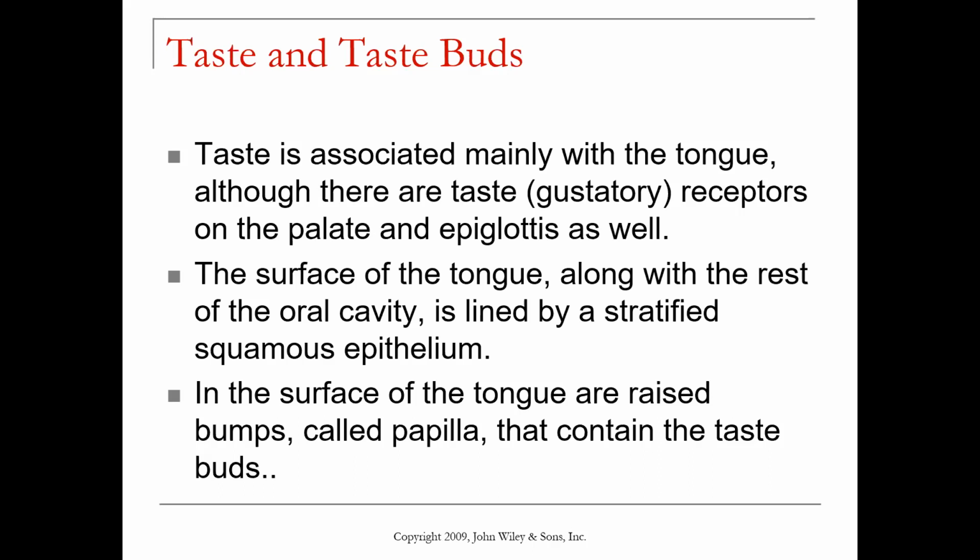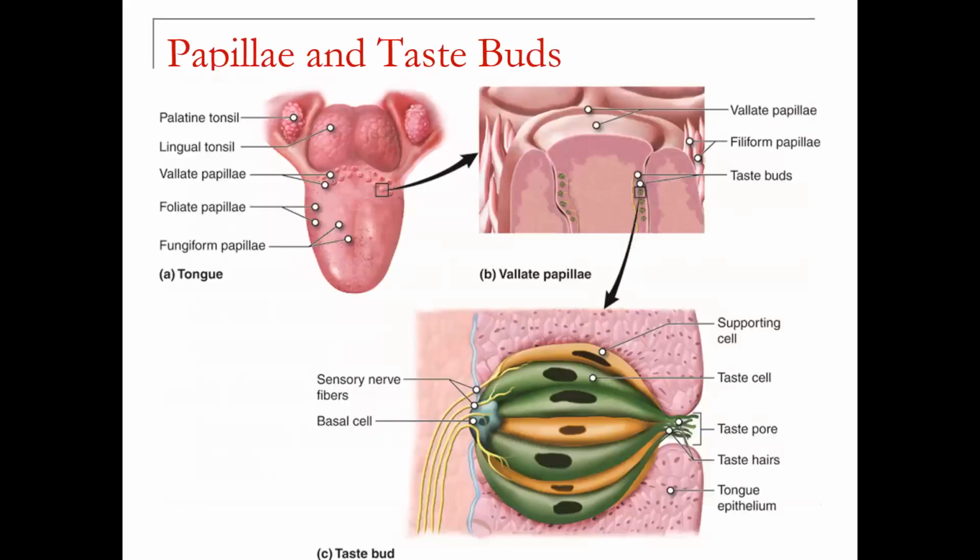Now, within those stratified squamous cells, we also have the taste buds. These little buds are called papillae. They stick up and they are responsive to the 5 different flavors. Here we see what the papillae look like. These are little raised papillae here on the surface of the tongue, and they detect the various flavors.